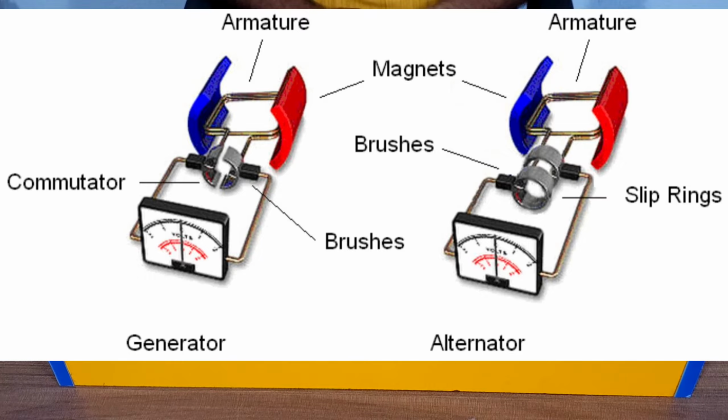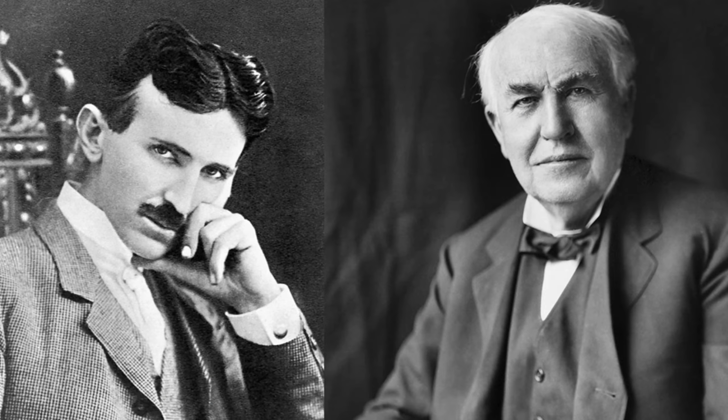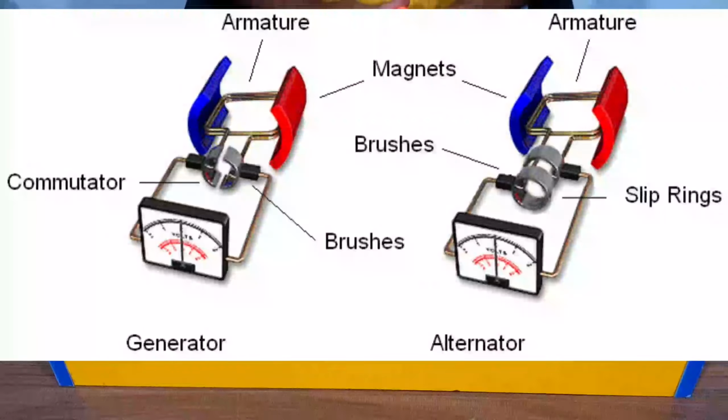If you see the history, Edison was very much in favor of DC distribution. And there is a famous debate in history between Nikola Tesla and Edison. Edison was not in a position to accept Tesla's suggestions, but finally he accepted his mistake, and today all we are using is AC transmission and distributing AC current.